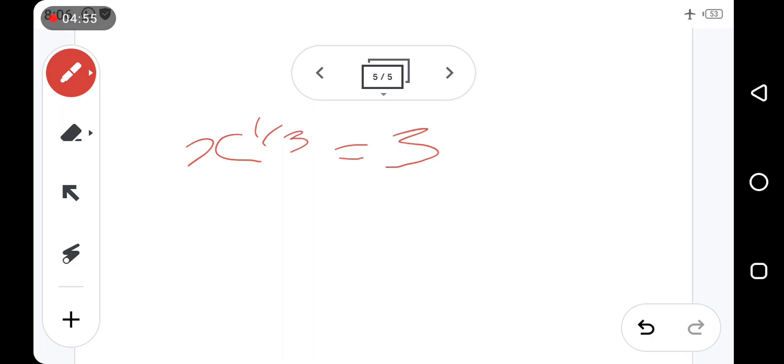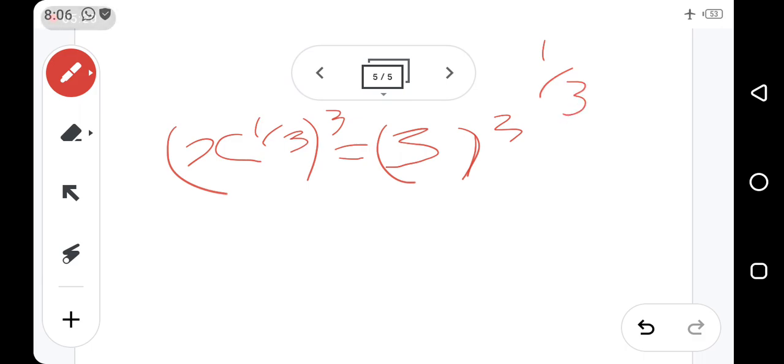In this case, you know it is impossible to express the function in the power. So the best thing now is that you raise both sides of the function to the power of 3, meaning that you are just going to do something like raised to the power of 3. Remember, this 1 over 3 is raised to the power of 3, meaning that when you have 1 over 3 multiplied by 3, this cancels this.